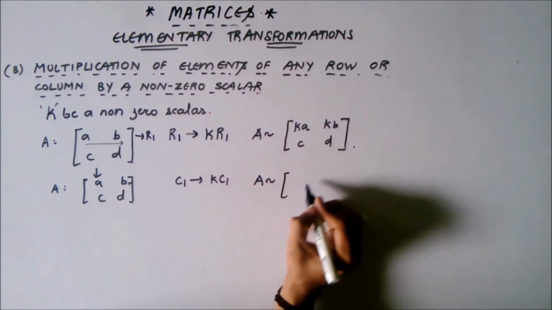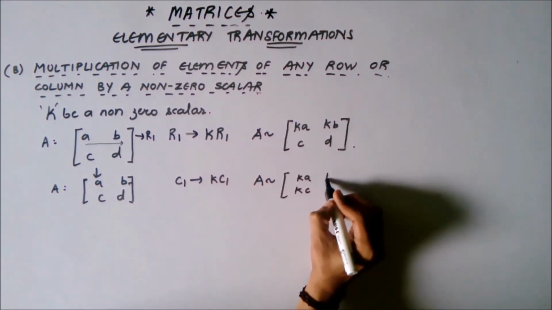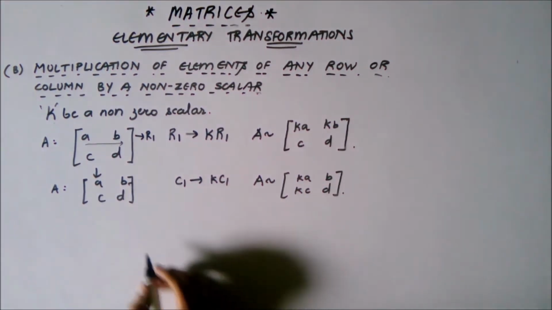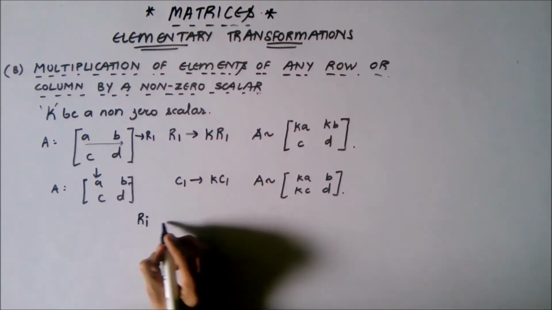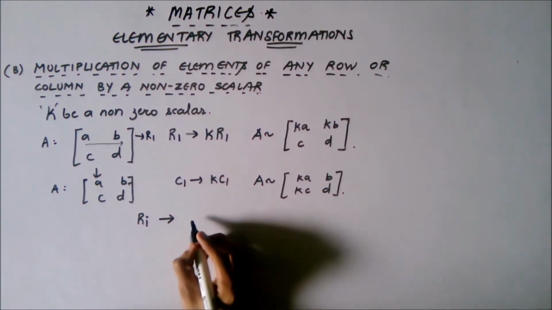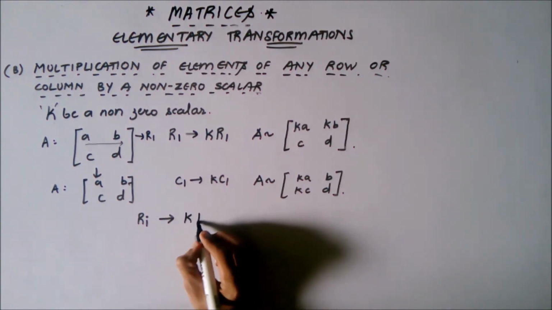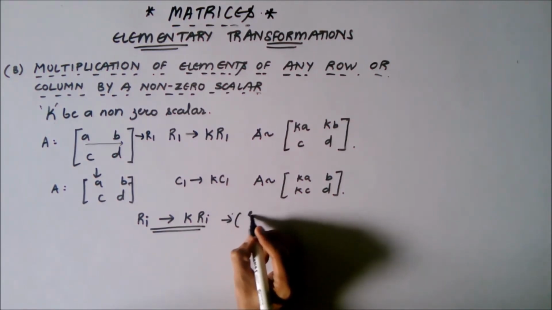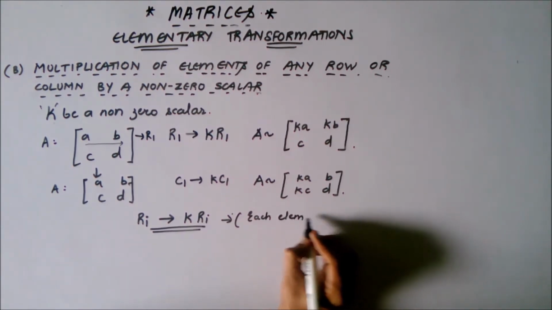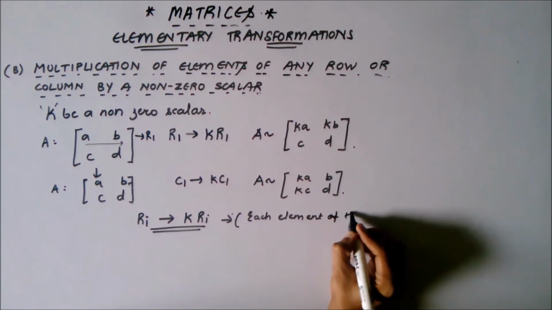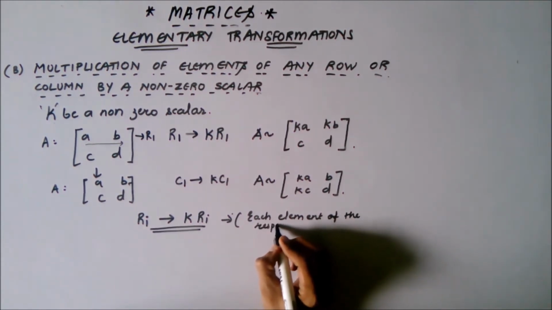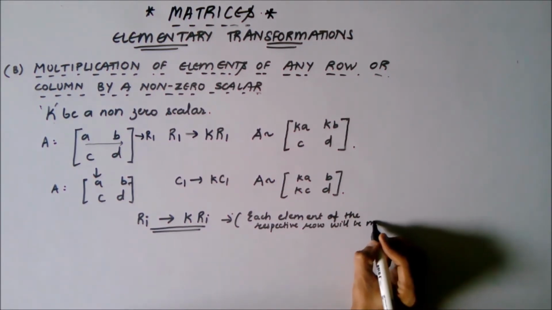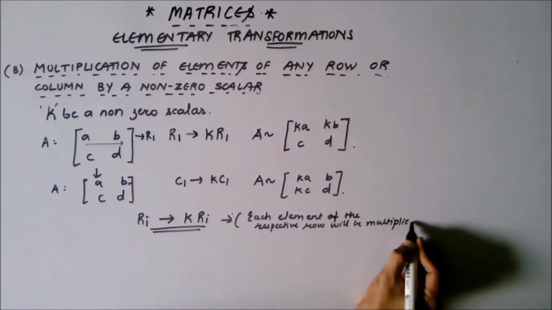Therefore, the equivalent A matrix will be kA, B, kC, D. So, in general, if we need to multiply any row Ri by any non-zero scalar, then it will be represented as Ri gets transformed to kRi, and each element of the respective row will be multiplied by k.